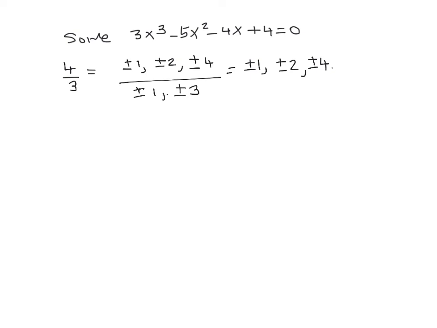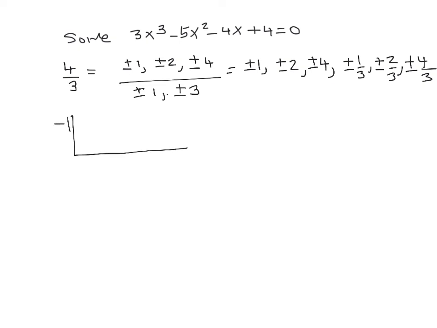I'm also going to get plus or minus 1/3, plus or minus 2/3, and finally plus or minus 4/3. So all those are the possible zeros. Not all of them are roots of this equation, but I just need to try one out and see which one works. So let me try -1.